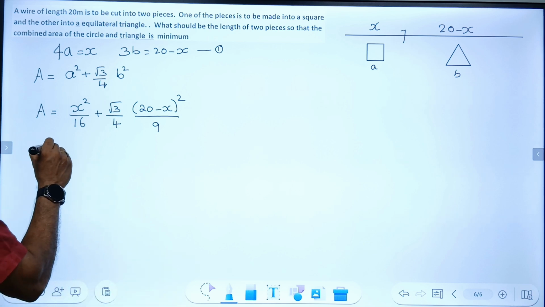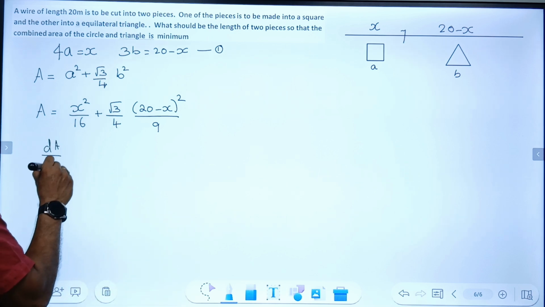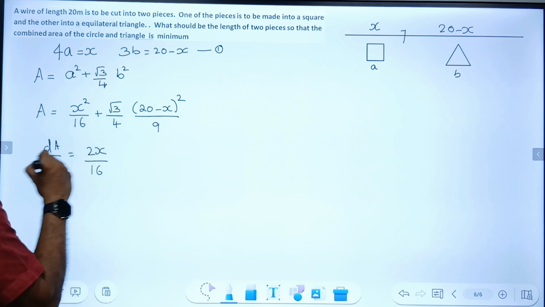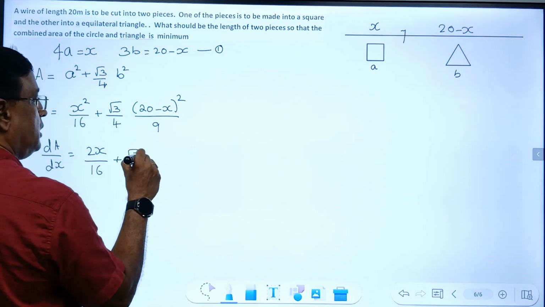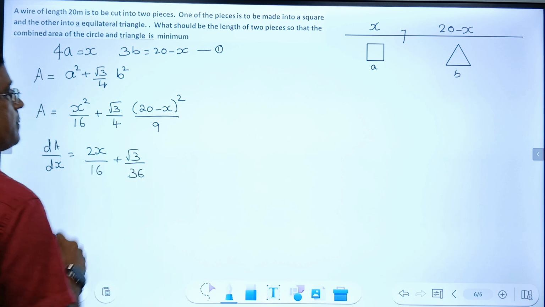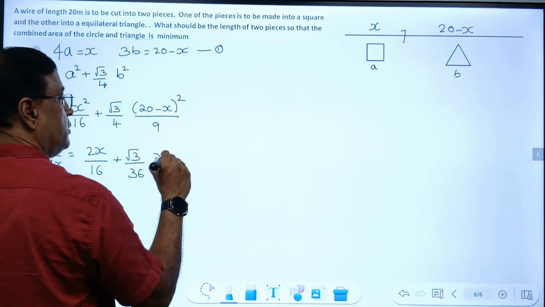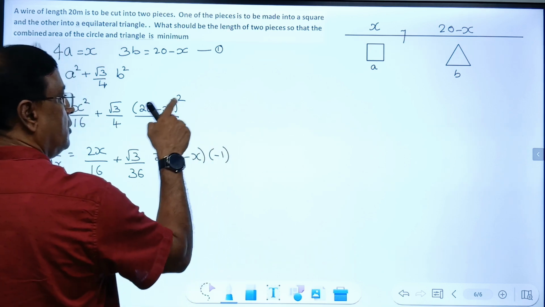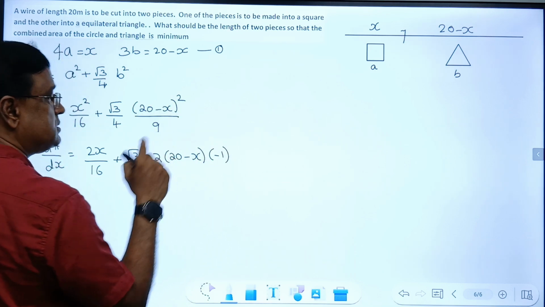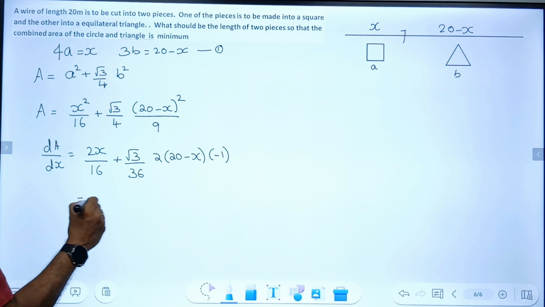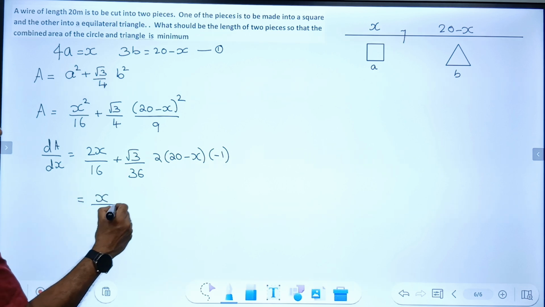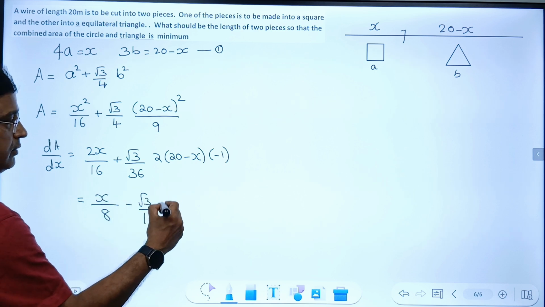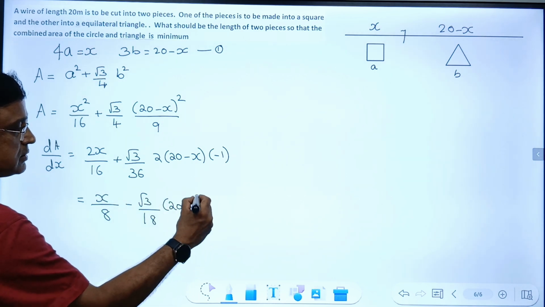Now differentiate. dA by dx, which is 2x by 16 plus root 3 by 36. Differentiation of this will be 2 into 20 minus x into minus 1. Power base rule, so differentiation of minus x is minus 1. So which can be reduced to x by 8 minus root 3 by 18 into 20 minus x.